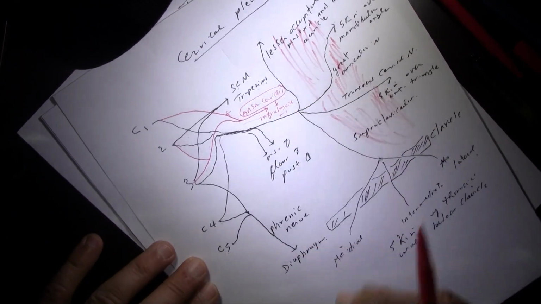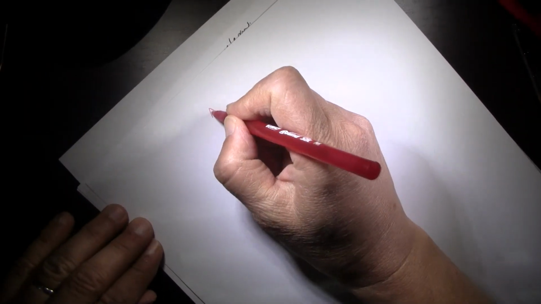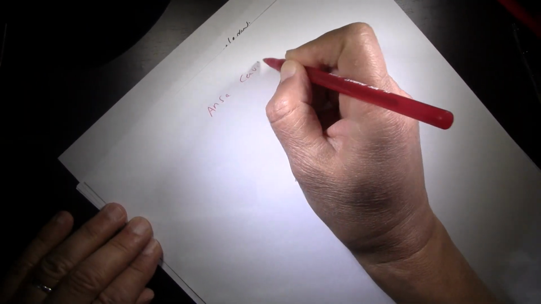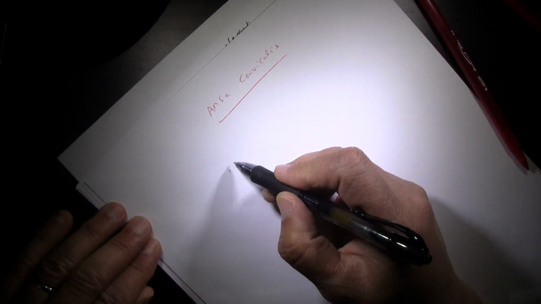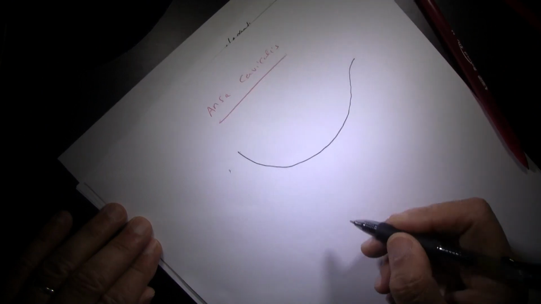Infrahyoid muscles. So how is Ansa cervicalis made? It is very simple to remember. You have the hypoglossal nerve, which is traveling through the anterior triangle.